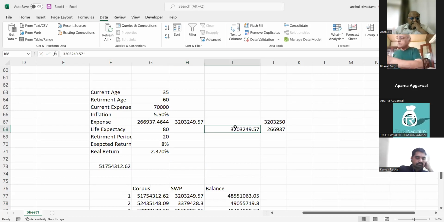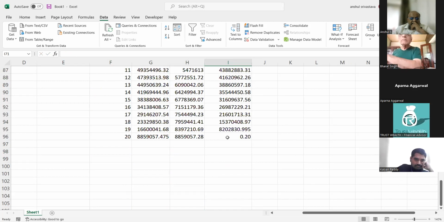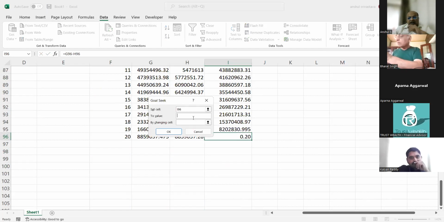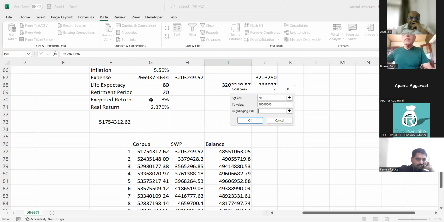Because I have to apply goal seek, तो मैंने ऐसा reference दिया है absolute value. And now if I apply goal seek, data, what if analysis, goal seek, set the cell to the cell 1, 2, 3, 4, 5, 6, 7, by changing cell rate of return. करके देखें.